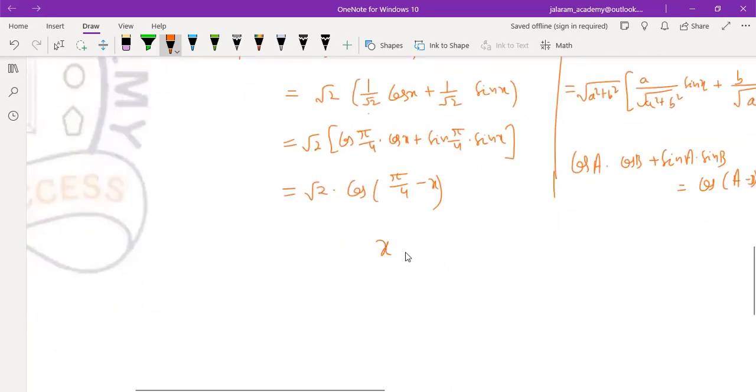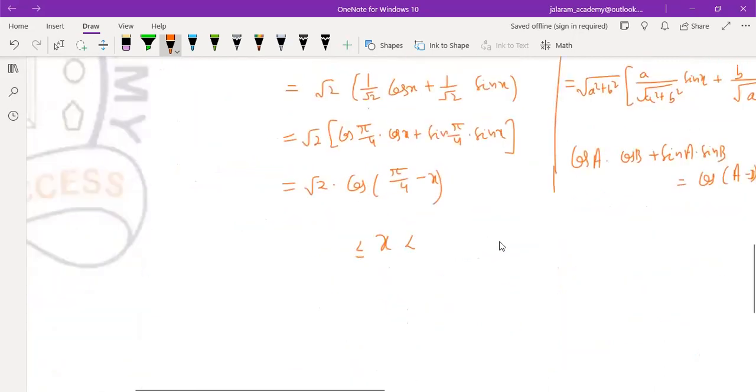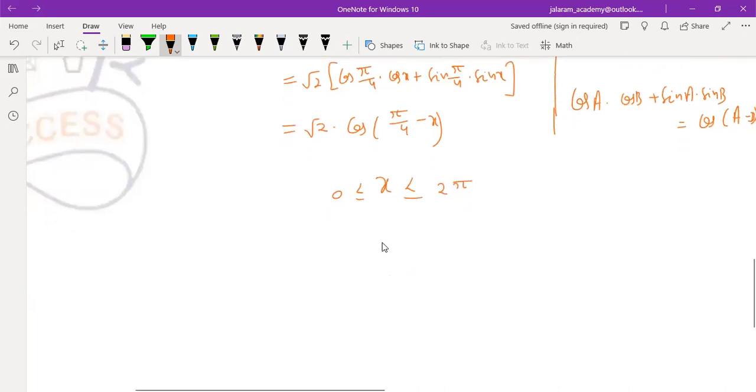Now when x lies between what? It is given the interval 0 to 2 pi. So when x lies between 0 to 2 pi, minus x will lie between minus 2 pi to 0. Inequality is reversed when signs are changed.